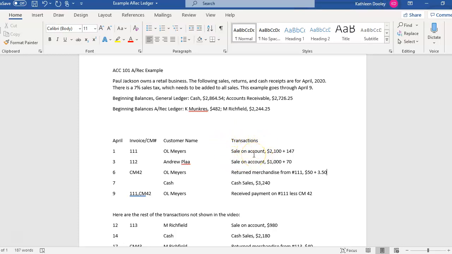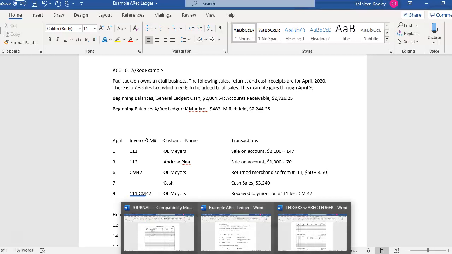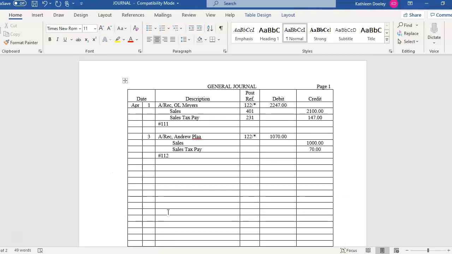Okay, we're going to take $53.50 back off of his account. Now, I also, however, don't owe the state that $3.50 anymore because I gave it back to O.L. Myers. Okay, and I also need to show this $50 as a return. Okay, and this is on the 6th. Okay, so I skip my line. I record the date, which is the 6th.